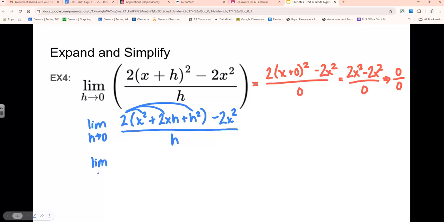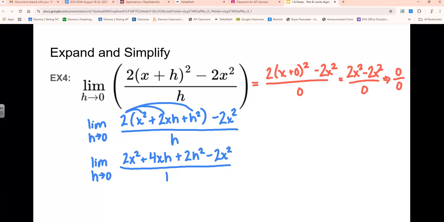So we got the limit as h approaches 0 of 2x squared plus 4xh plus 2h squared minus 2x squared all over h.